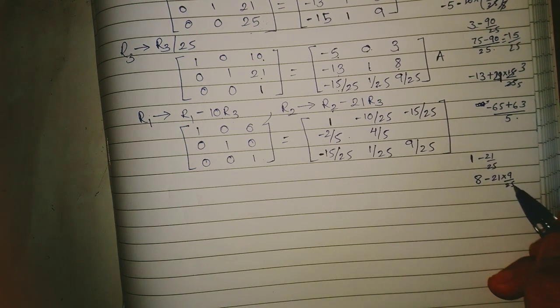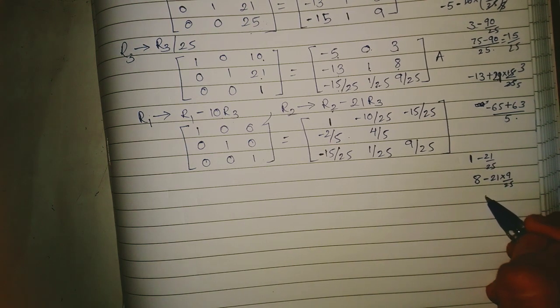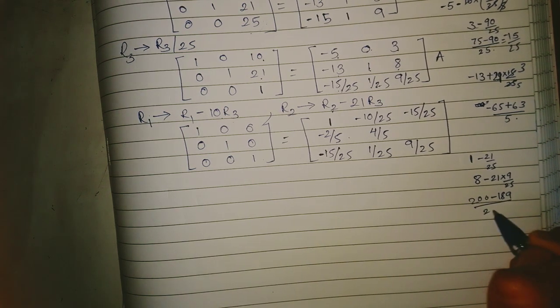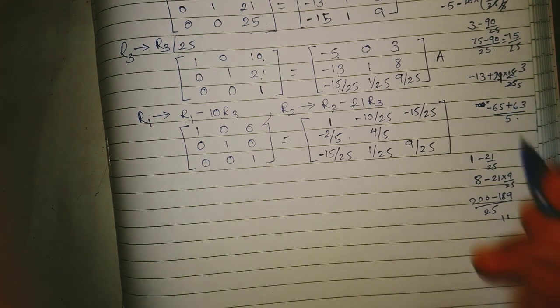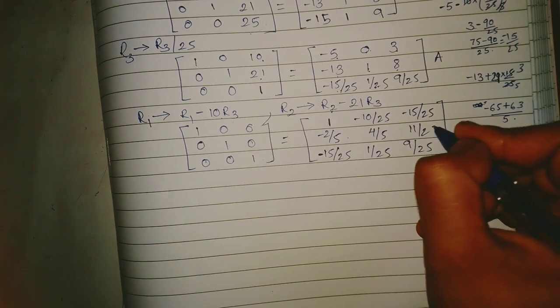Okay, 200 minus 189, 125. So this is 11 by 25.